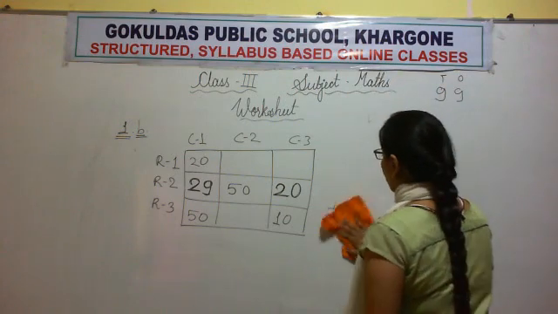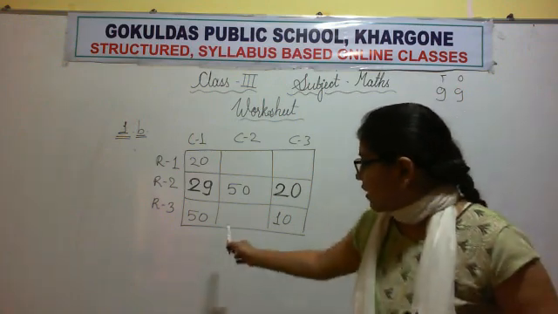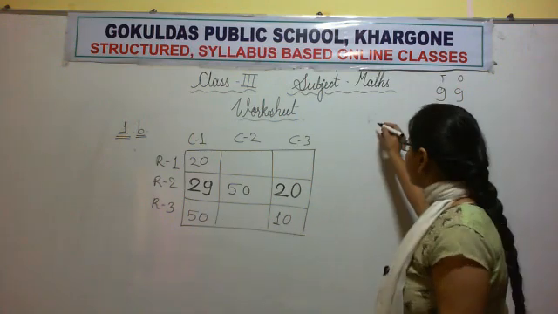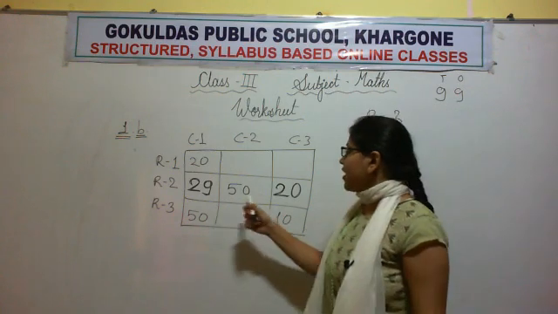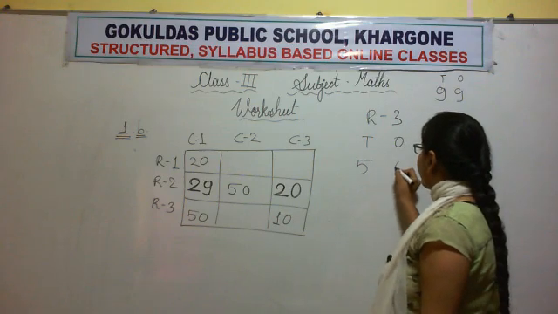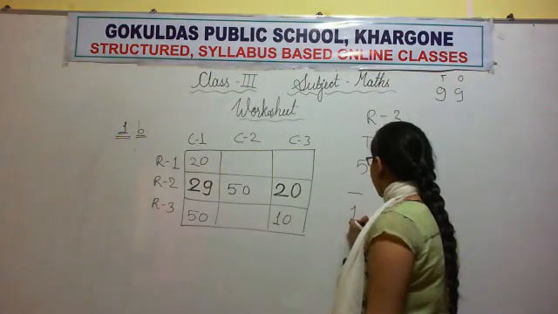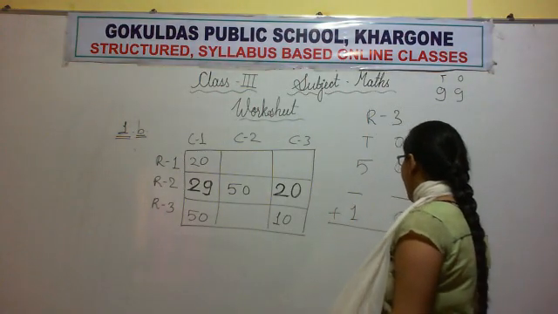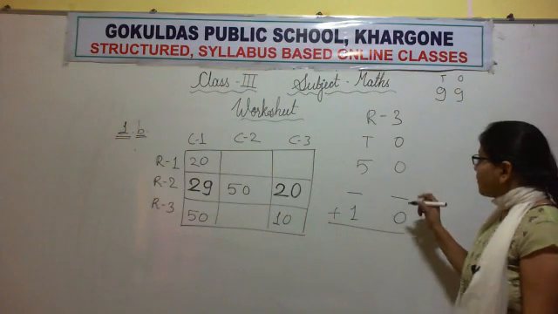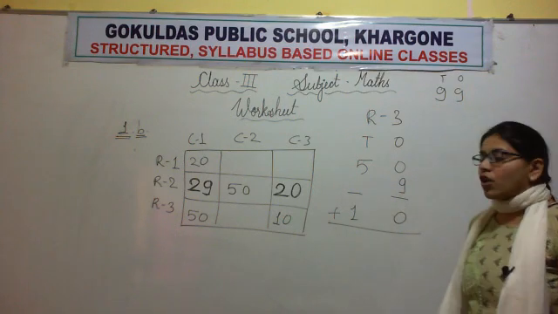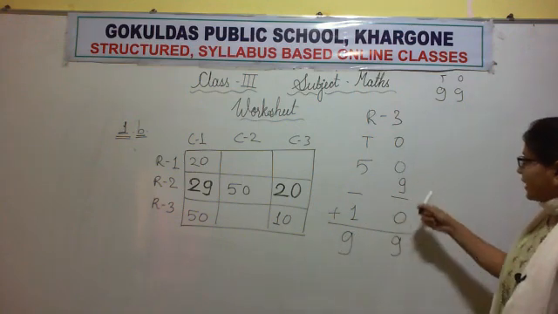Okay, now we are going to solve row 3. 2 boxes are filled there, so we will solve row 3. First number there is 50. Second we have to find, and the third one is 10. Now let us add them all. 0 plus 0 is 0. So when we will add 9 in the 0, we will get 9. Our sum must be 99. Okay.